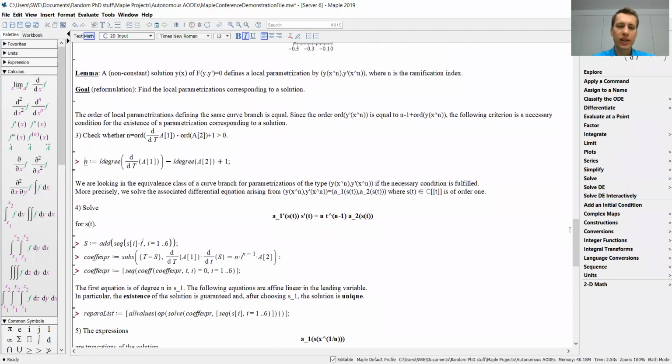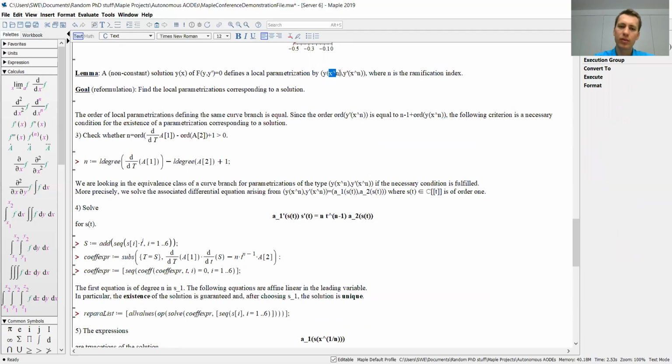We are interested in formal Puiseux series solutions of differential equations, and it's rather easy to show that a solution defines a local parametrization by raising the parameter to the power of the ramification index. So basically, we do not look for the solutions, we look for these local parametrizations instead.